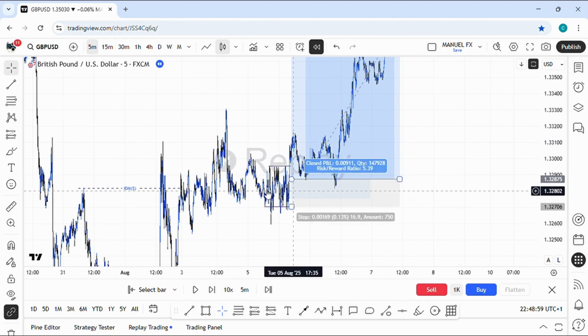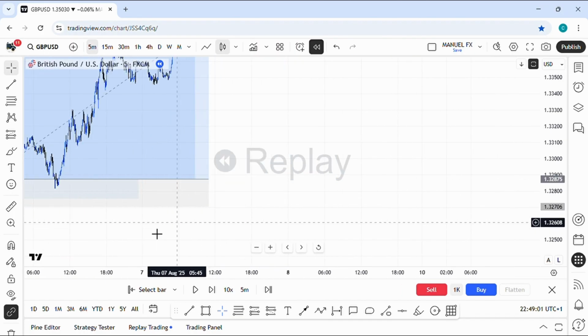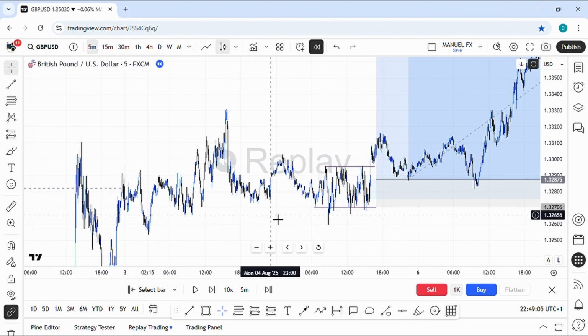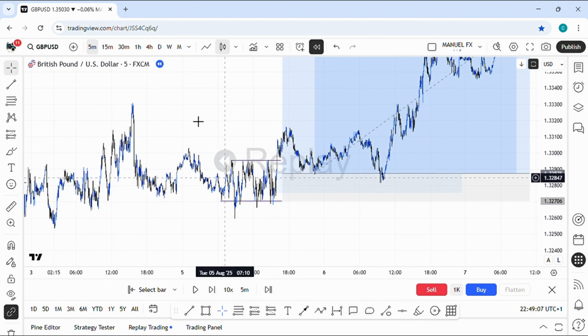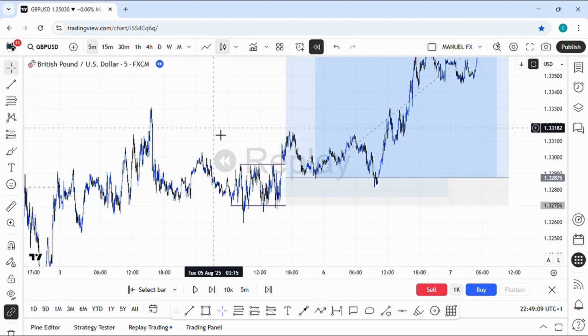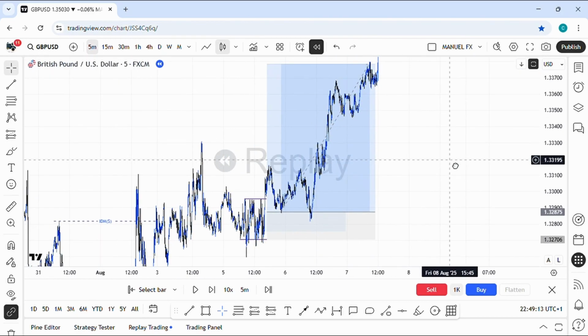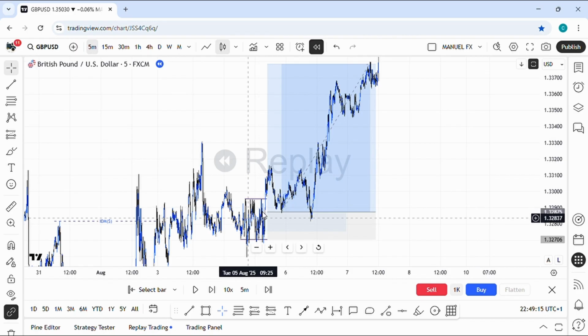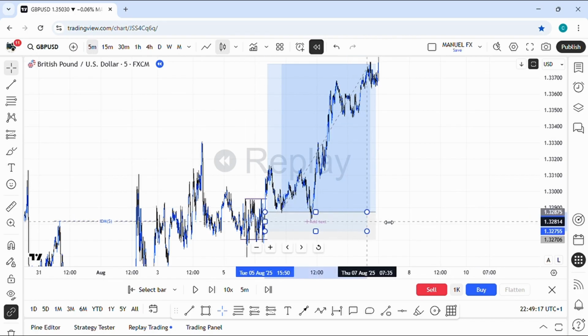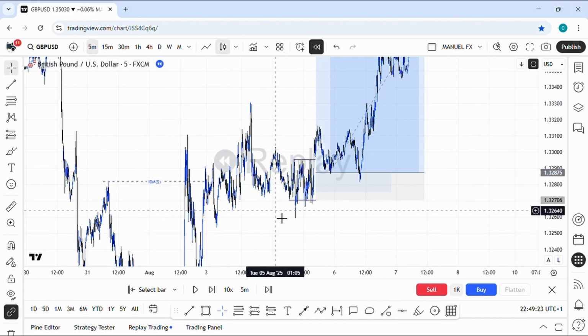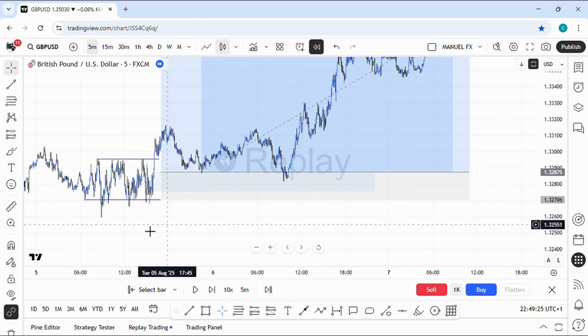This is actually a very good entry model. You can make use of this anytime you see it on any time frame, and it will work consistently. I'm still going to teach this entry model in one of my episodes. It's going to be coming up.